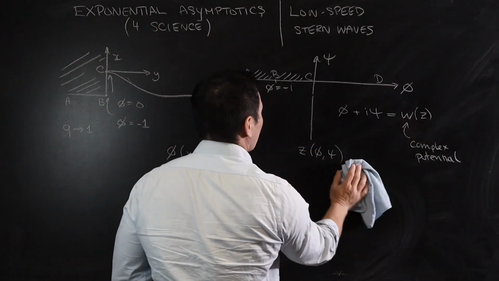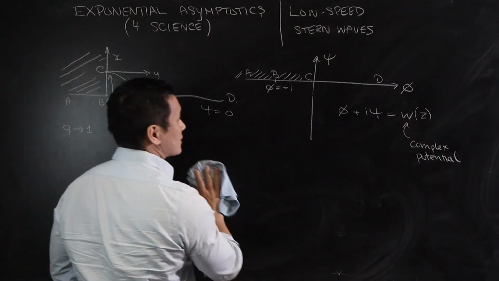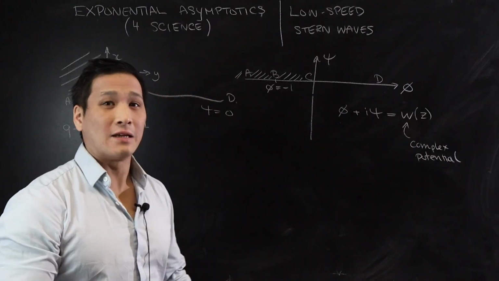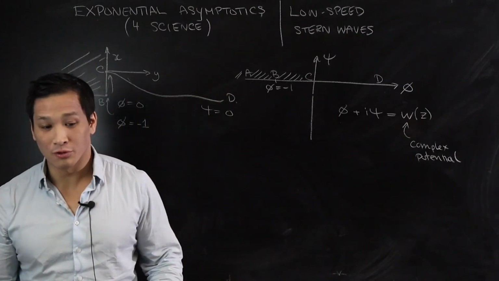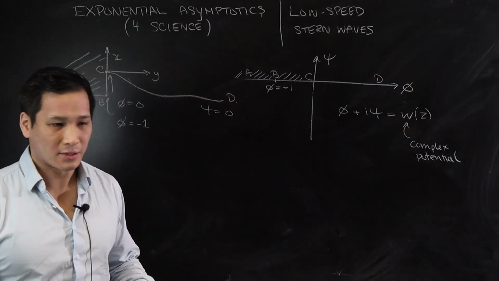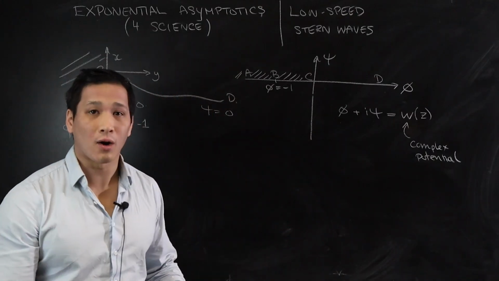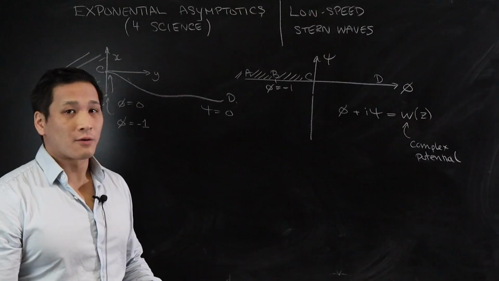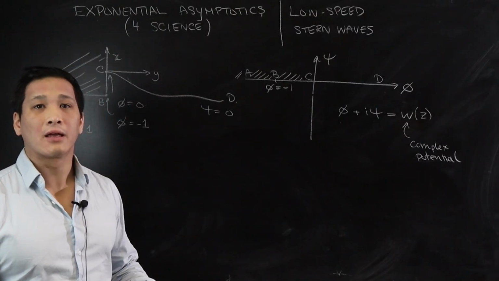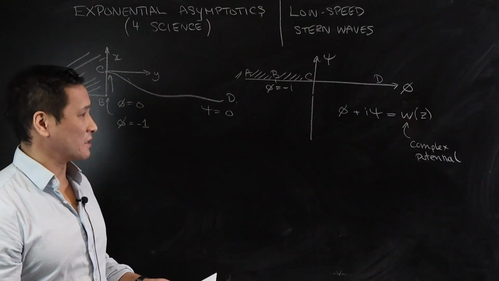Okay, so that's the basic idea. Now, as it turns out, there's an even more convenient variable to work with. Instead of x's and y's, the variables to work with are the speed and the angle of a streamline on the free surface.